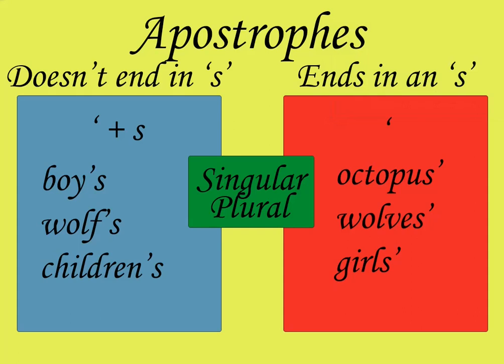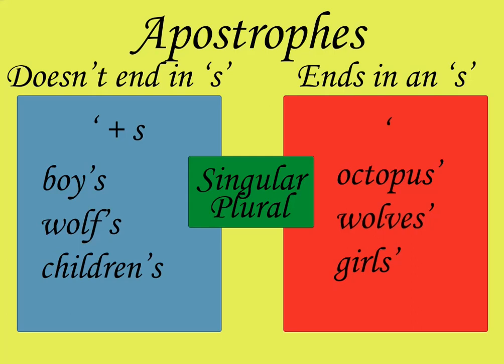To recap then, what we've been looking at today is apostrophes and how apostrophes are used for contractions and for possessives. For possessives, the use of the apostrophe depends on whether you're using a singular noun or plural noun. For both, however, where you add the apostrophe depends on how the word ends.